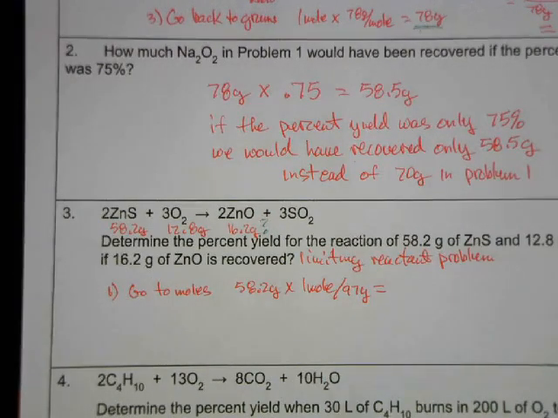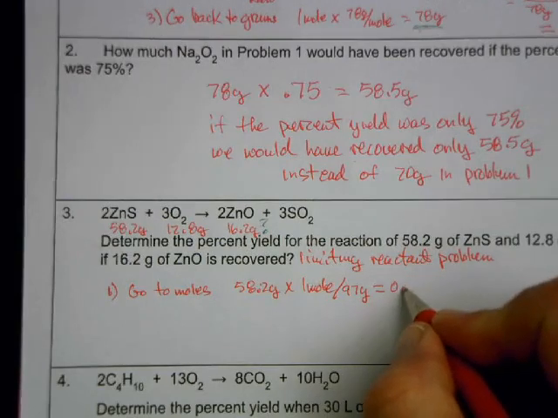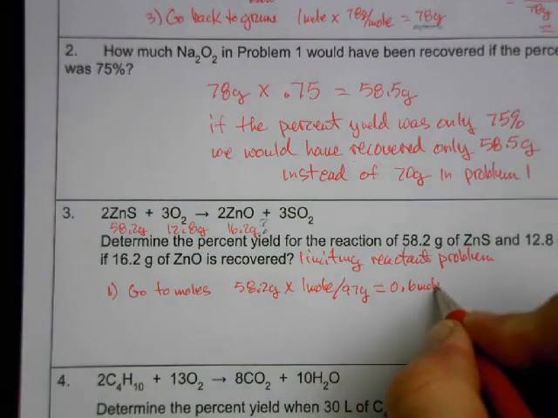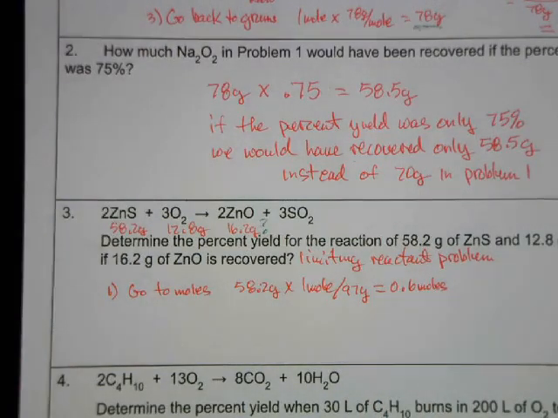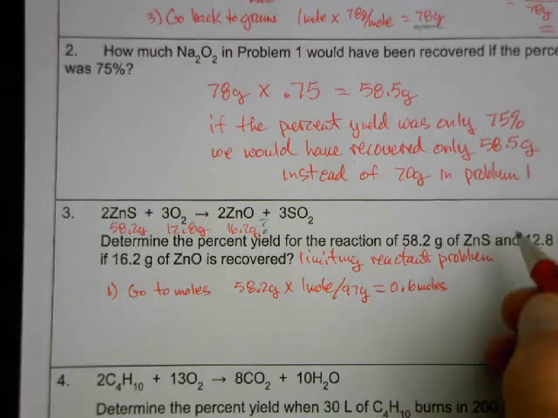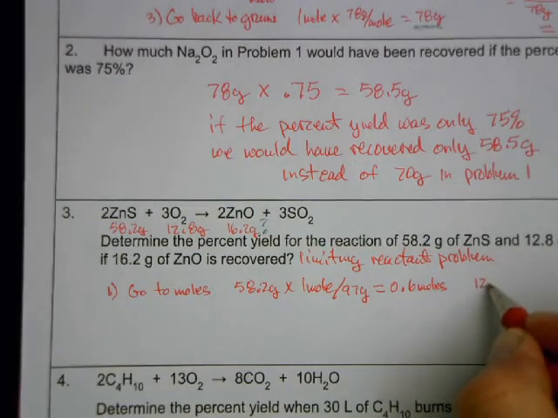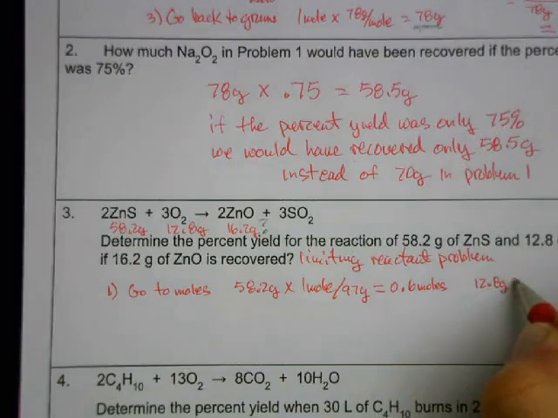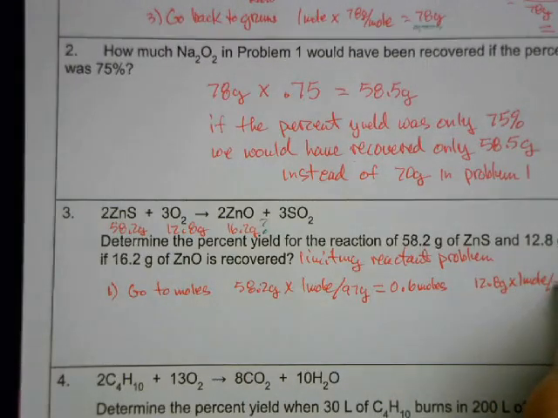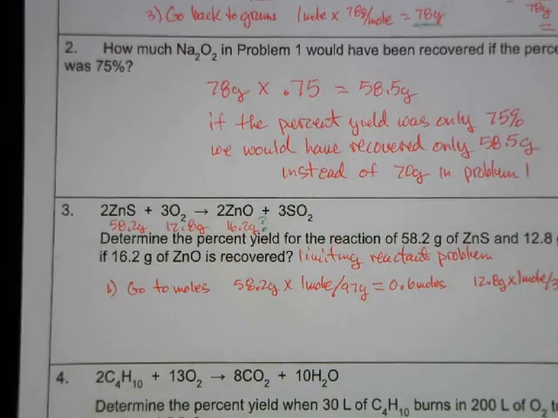And so that is 0.6 moles. And then we've got 12.8 grams times 1 mole over 32 grams, 2 oxygens. So that'd be 32. And that one is 0.4 moles.